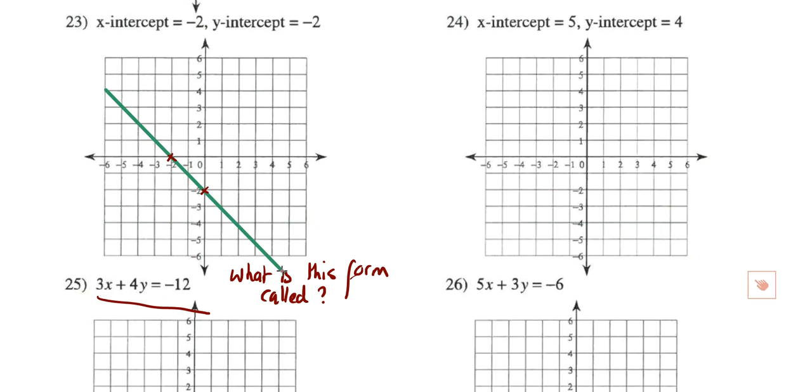The next one then. X-intercept of 5. Y-intercept of 4. We draw a line. Okay. I got that too. Good.